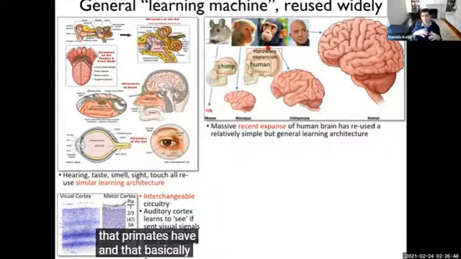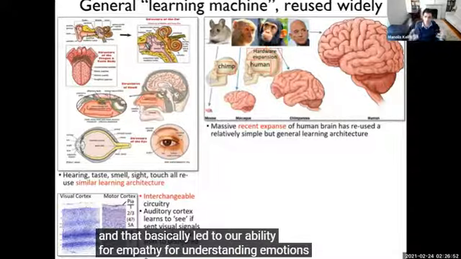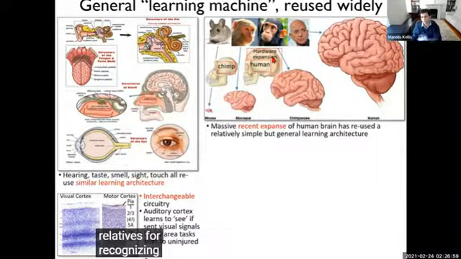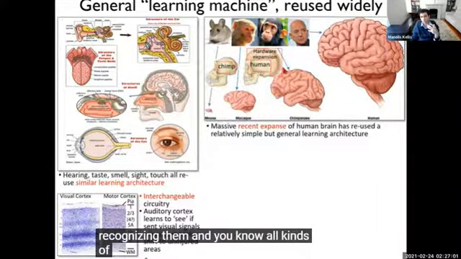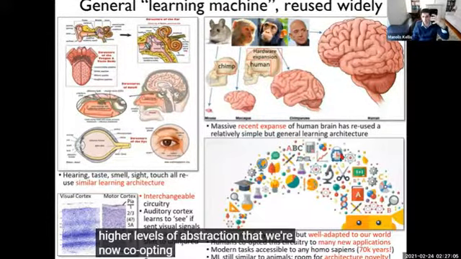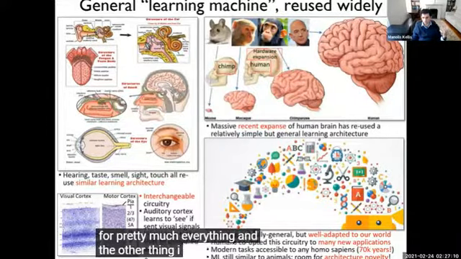That basically led to our ability for empathy, for understanding emotions, subtle cues, for remembering relatives, for recognizing them, and all kinds of additional higher levels of abstraction that we're now co-opting for pretty much everything.